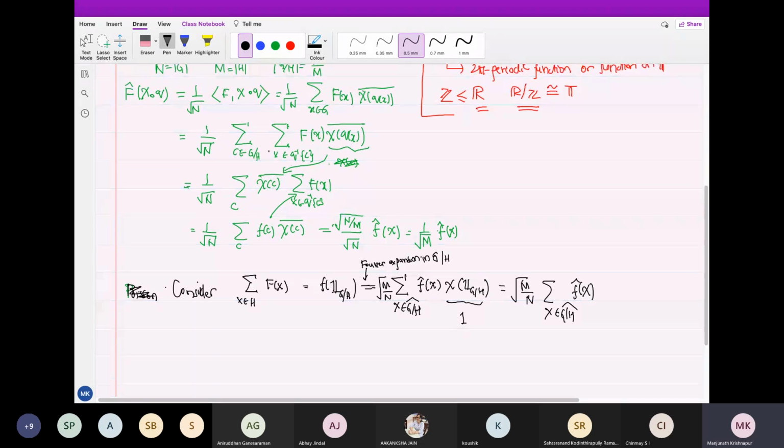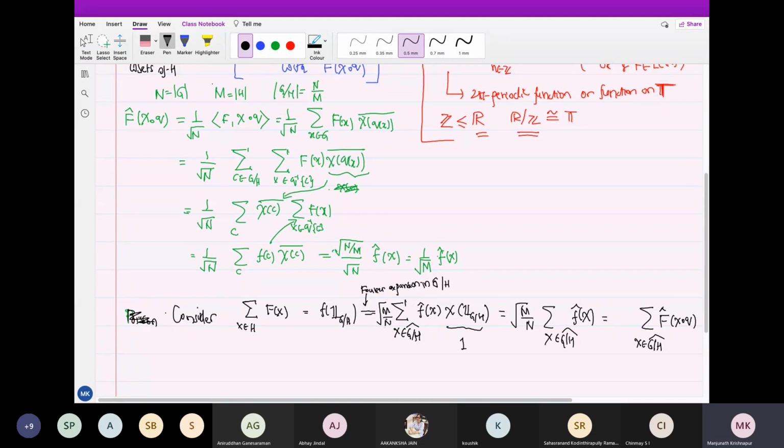But now I bring in the relationship that we found. I want to write everything back in capital F terms. So this is just capital F hat at chi composed with q, times square root m. Oh, did I make a mistake? Is this correct? It's 1 by root of that size, so that is okay.